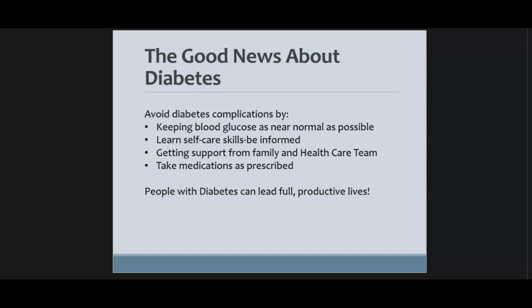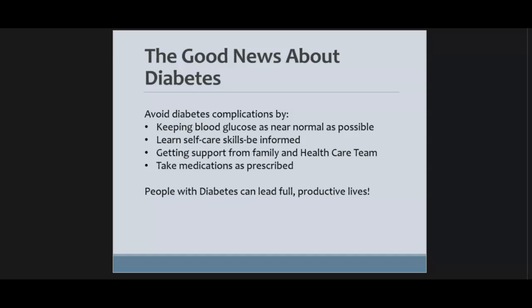So the good news about diabetes is they can avoid, in general, diabetes complications by maintaining a healthy blood glucose level. So if they stay more in a normal range, they won't have as many of these comorbidities. They have to understand their body and what they can and can't do.